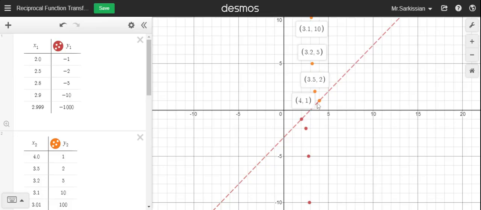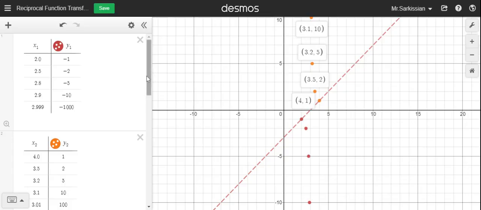So you see that when the x values, starting from 2, start increasing bit by bit and approach 3, the value of y approaches a huge negative number, like negative 1,000. And when you look at the other table of values, when x approaches 3 from the right-hand side, first it's 4 and then 3.5, and then gets closer to 3, 3.2, and when it reaches 3.01, we see that the value of y becomes a huge positive number in this case.